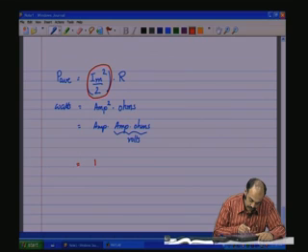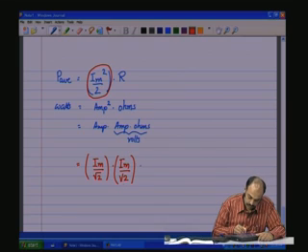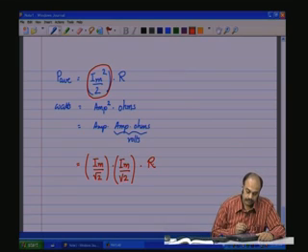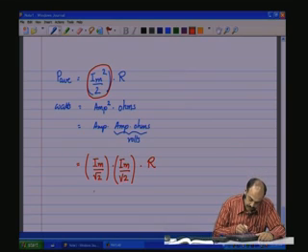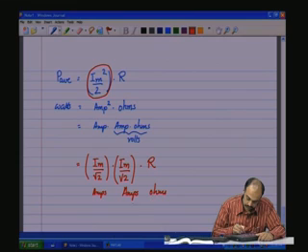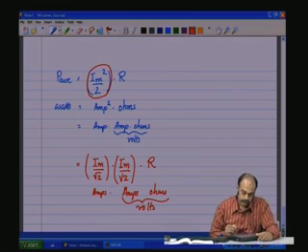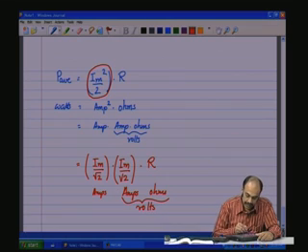You have Im by root 2 into Im by root 2 into R. So, you have amps, ohms. These two together is going to be volts, which is going to give you amps into volts power, or amps square into ohms, which is power in watts.